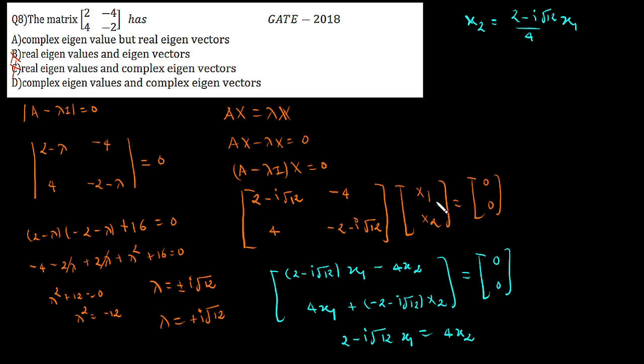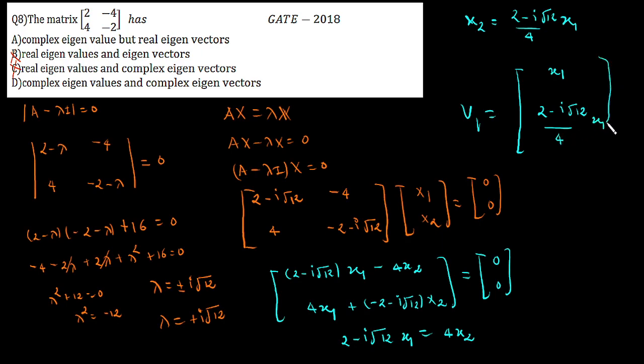So now let's put the value of x2 in the vector form. Let's call it v1. I can write it like this: x1, let's take it as it is, and here I can replace x2 by this relation that we have got.